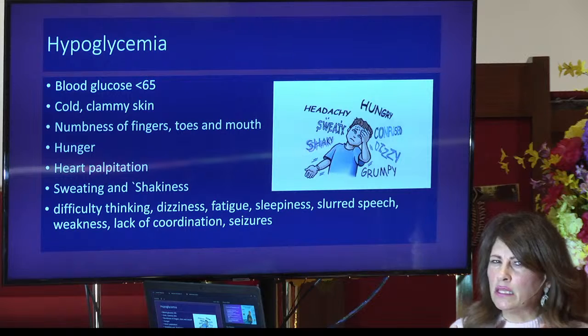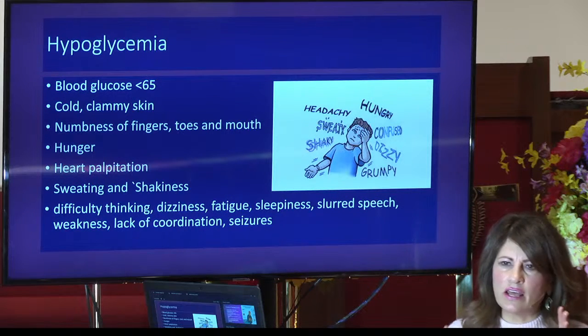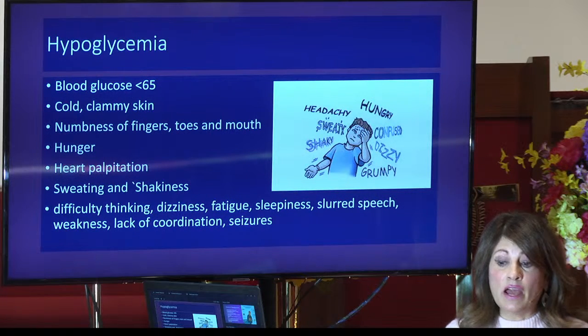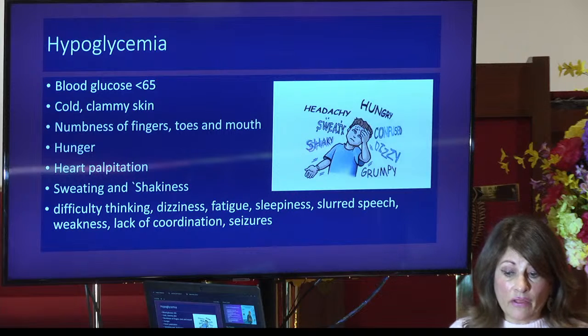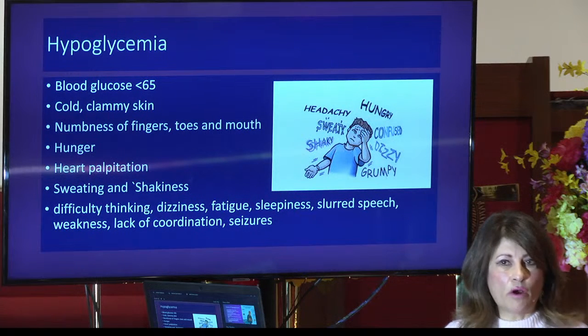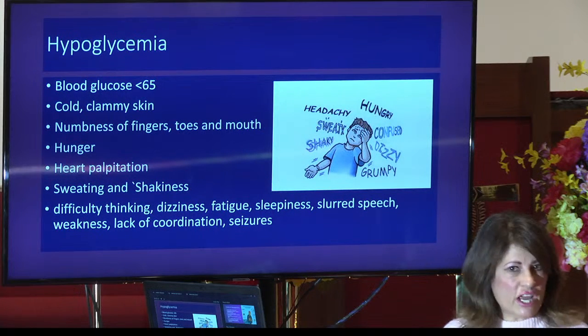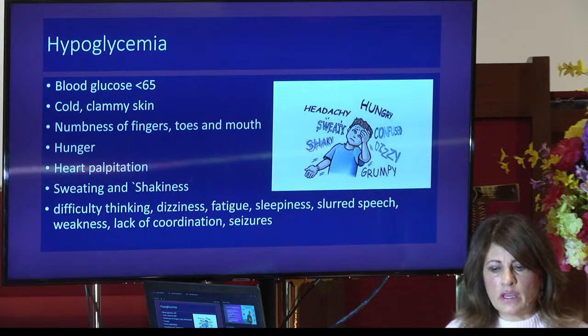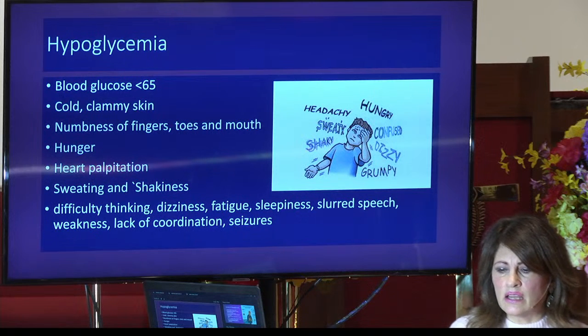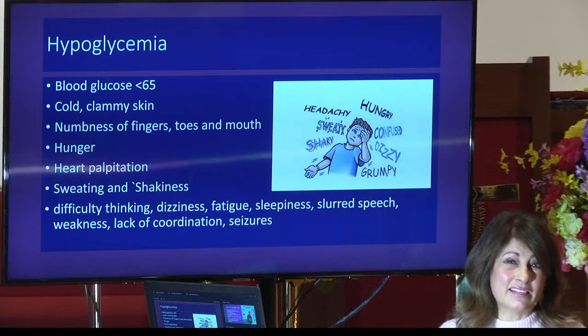They have that clammy look. You can just see that clammy look. Numbness of fingers, toes, and mouth, maybe some heart palpitations, irritable, difficulty thinking, dizziness, fatigue, sleepiness, slurred speech, weakness, lack of coordination, and seizures.